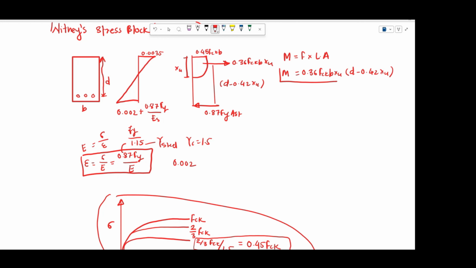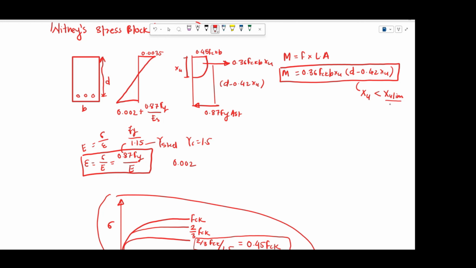And when will you use this equation? You'll use this equation when xu, which is the actual depth of neutral axis, is coming out to be lesser than your xu limit. This is the limiting depth of neutral axis.